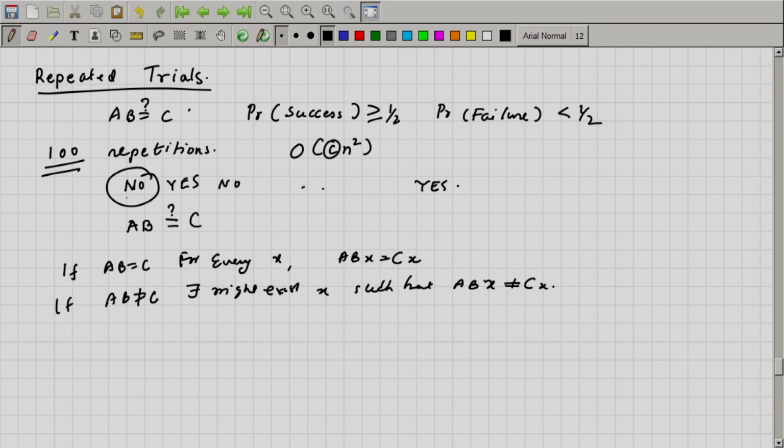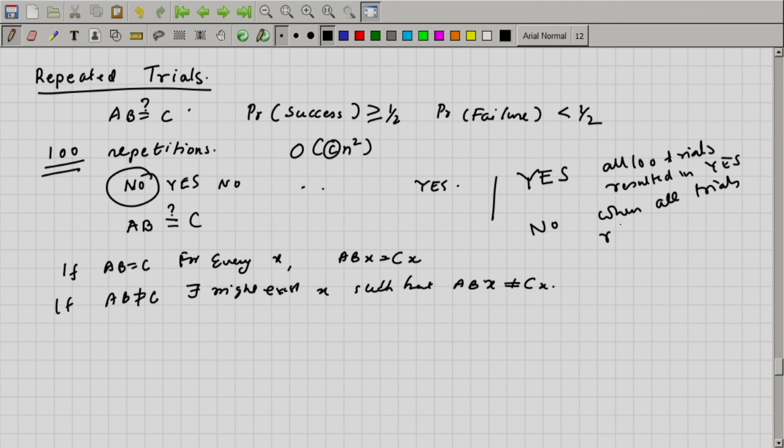Even if there was one such x, we can conclude that AB is not equal to C. So, even in these 100 repetitions, after processing, we will say the answer yes only if all 100 trials resulted in yes, and we will say no otherwise.